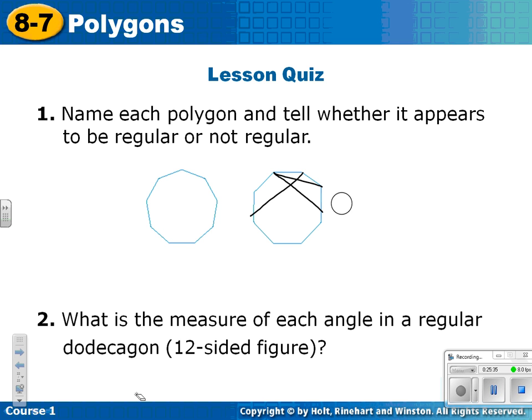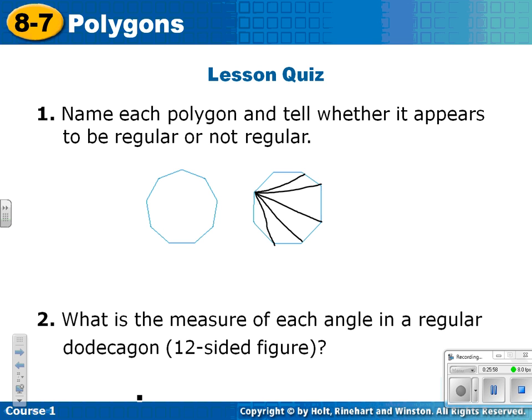What you have to do in order to figure out the number of triangles, you need to pick an angle, one angle, and draw lines to each one of the other angles. Okay?